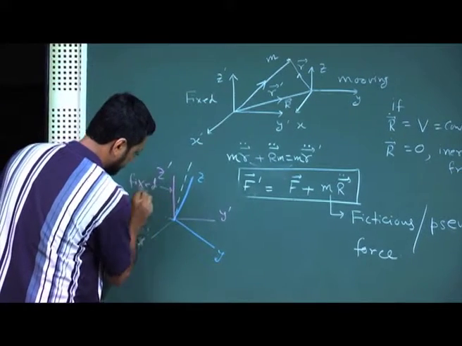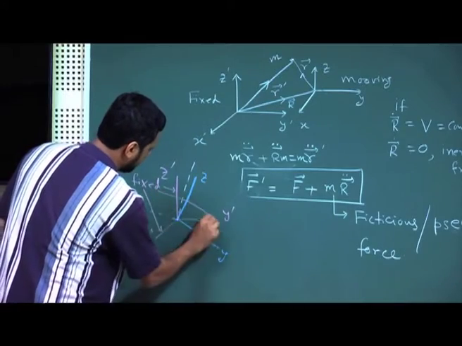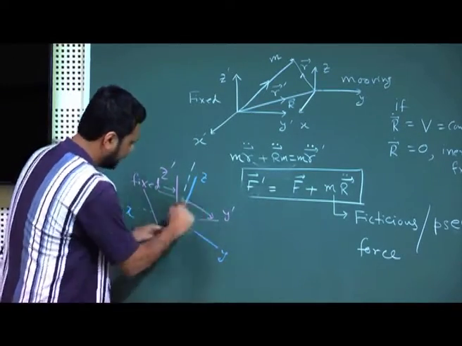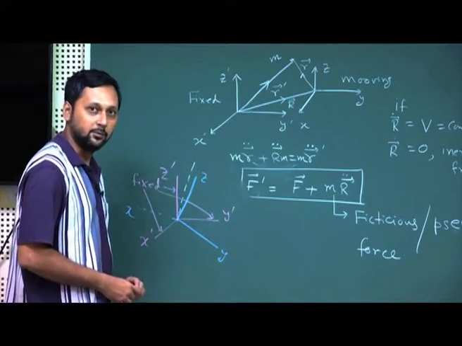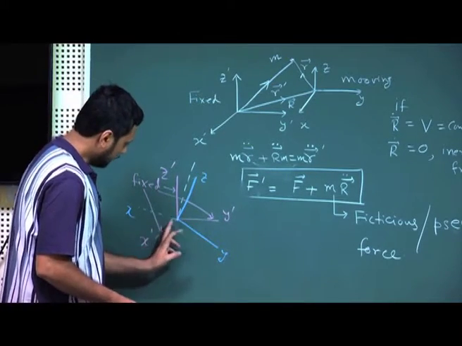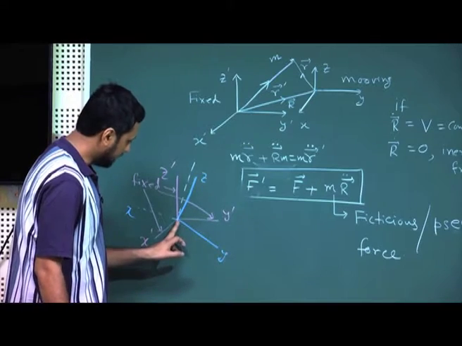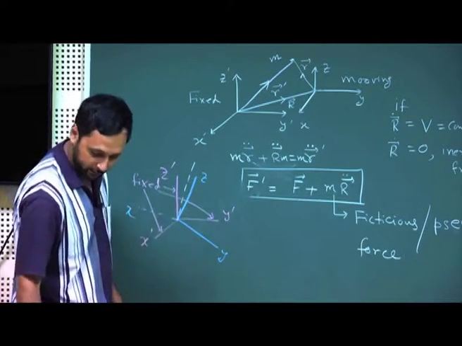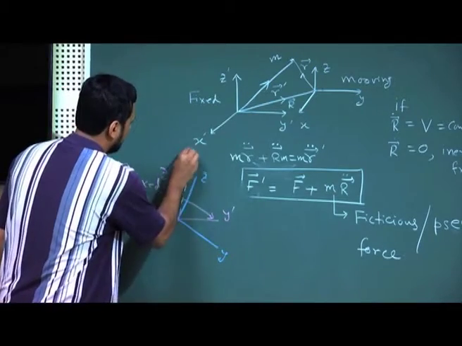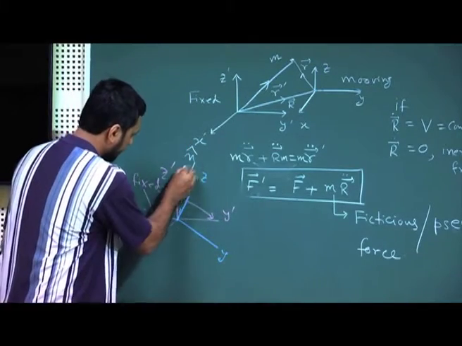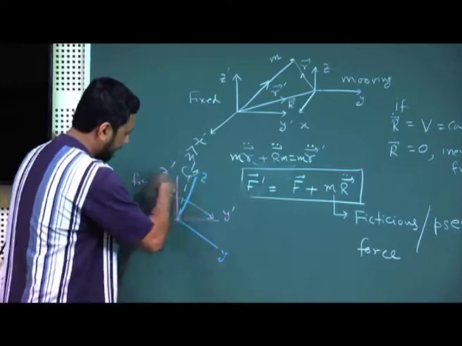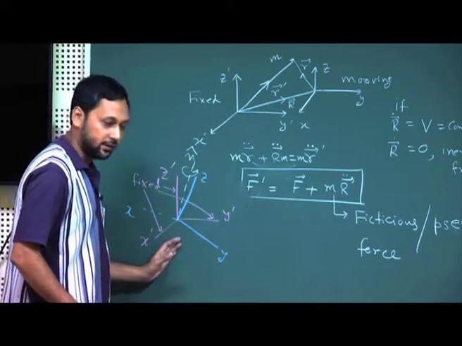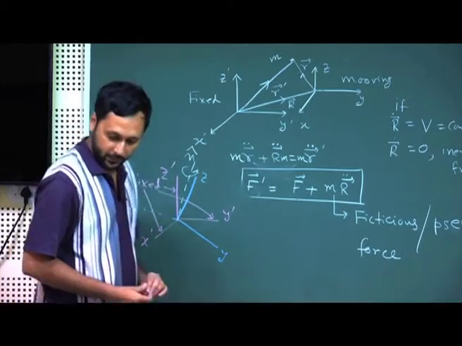These 3 sets of axes are fixed in space and the other 3 sets of axes are rotating in space, and the origin remains a common point between these 2 frames. There is an axis of instantaneous rotation, let us call it n cap, and the rotation is taking place around this particular axis. So, this is the situation we are going to describe in today's class.